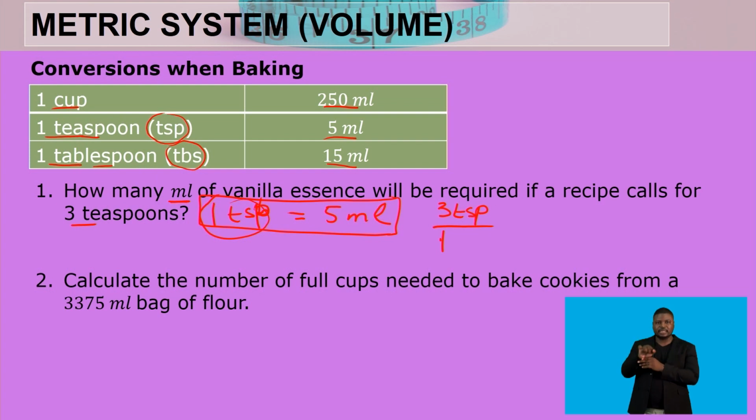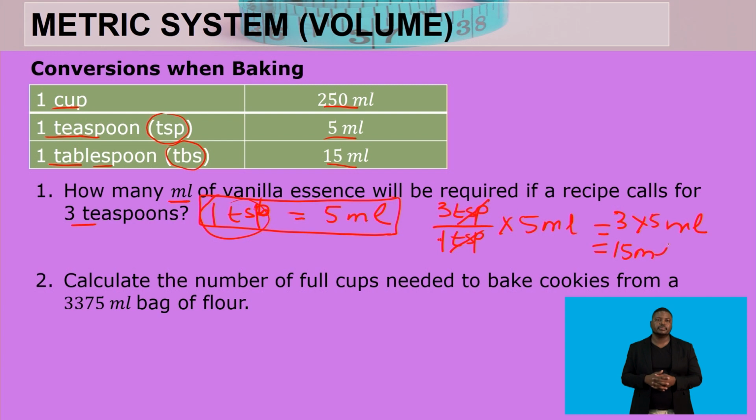So how many milliliters do we have in 3 teaspoons? So you divide by a teaspoon as well, then you multiply by the unit that is not the same, which is in milliliters. So that the teaspoon and the teaspoon will divide and give us 1. Then we've got 3 divided by 1 is a 3. Then that 3 will multiply the 5 milliliters. So what is 3 times 5? It gives us 15. It's got 5, 10, 15. So it's 15 milliliters. So the recipe will require 15 milliliters of this vanilla essence.